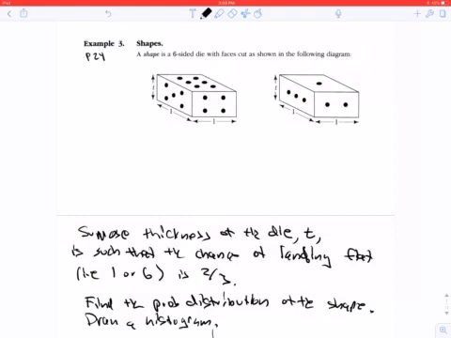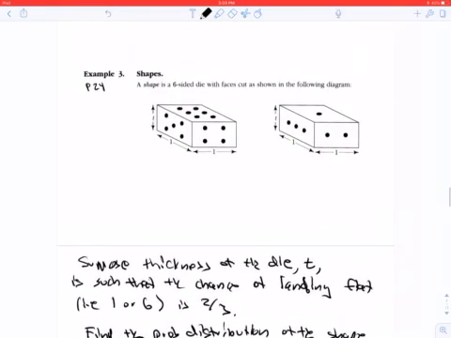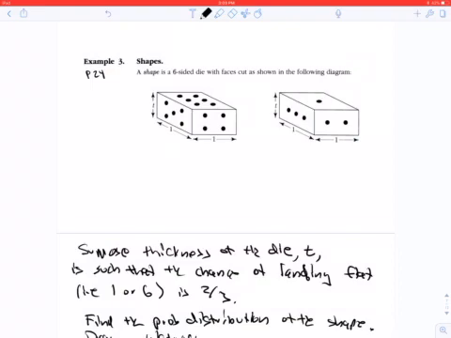So the chance of getting either a 1 or a 6 is 2/3. Find the probability distribution of the shape and make a histogram. So let's just note here that the chance of getting a 1 or a 6 is equally likely, as is the chance of getting 2, 3, 4, and 5. Just from the geometry, you can see that that's the case.